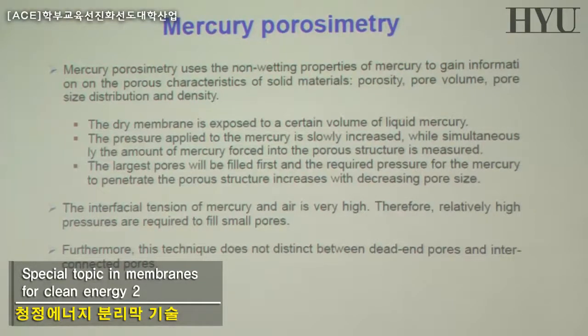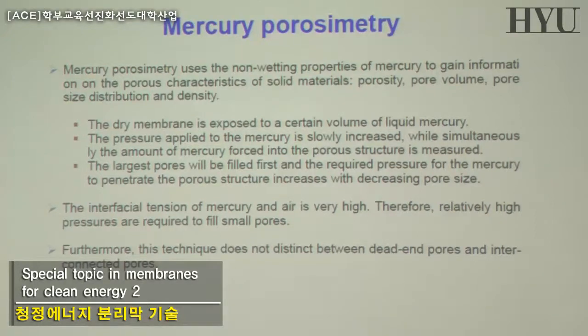So in this case, we use a dry membrane. The dry membrane is exposed to a certain volume of liquid mercury. Mercury is quite mobile. I'm not sure whether you have dealt with mercury or not, but you cannot catch it. It's difficult to pick up with a spoon. But it has a good interaction with copper.